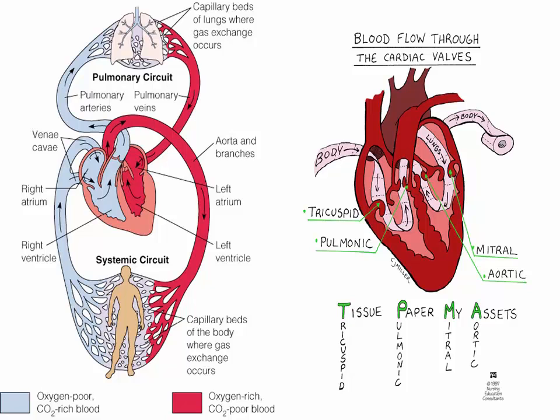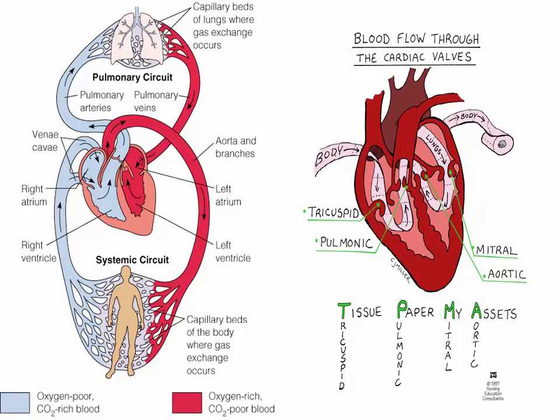Now, the other thing I want to talk about here is blood pressure. Now, we spent a lot of time learning how to take blood pressures, talking about hypotension and hypertension. But we haven't spent a lot of time on understanding the physiology of blood pressure.